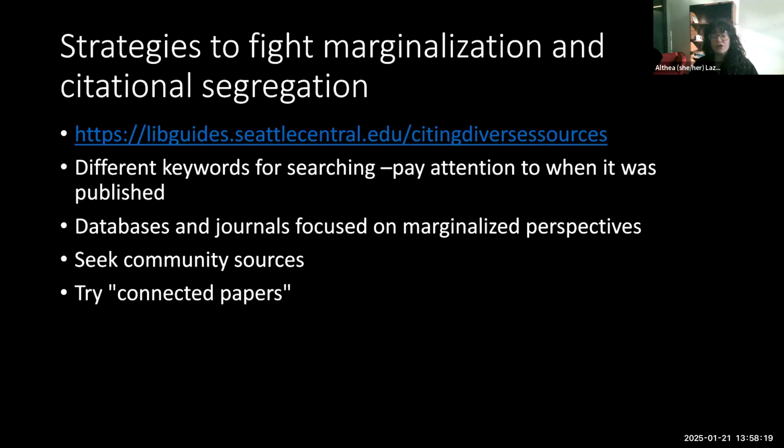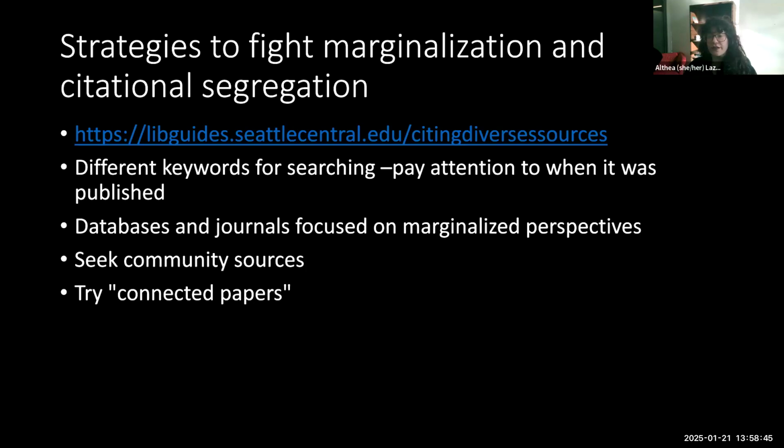So there's a couple of strategies that we have for fighting marginalization and citational segregation. I'm going to link to a library guide that we have in the library for finding sources that represent marginalized viewpoints in scholarship, including a lot of journals that were created about this problem back in the 1970s.